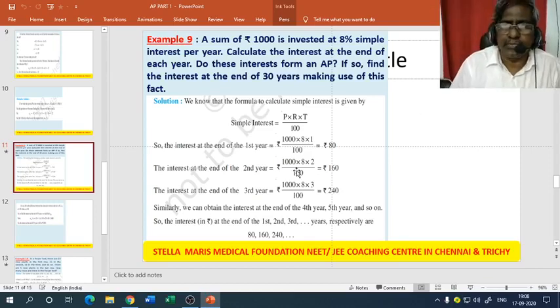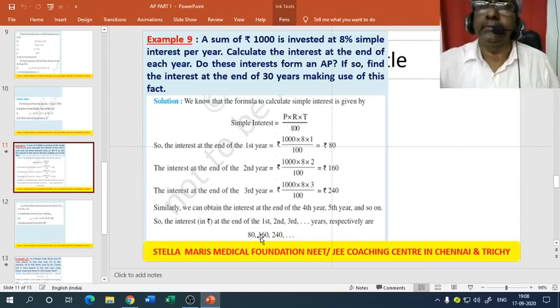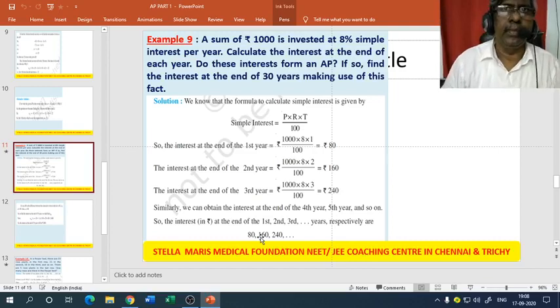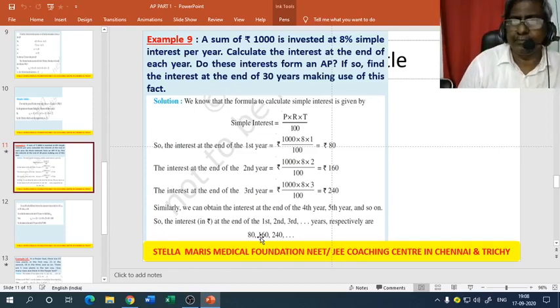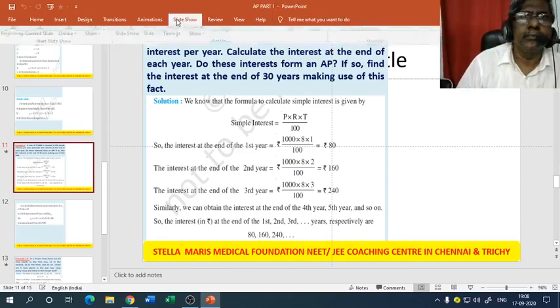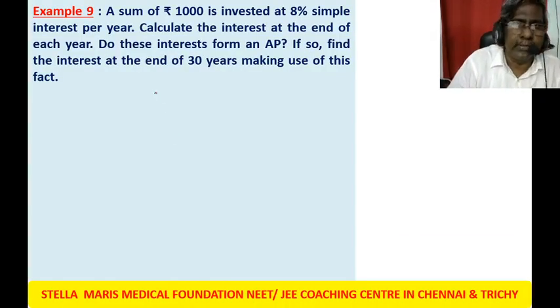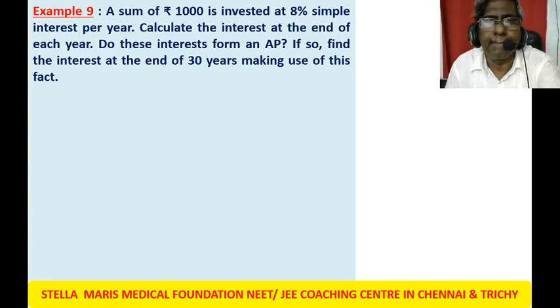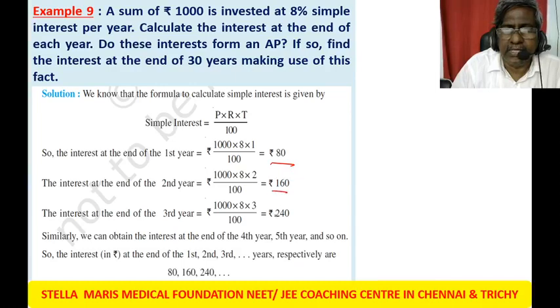So it forms an AP. This will be an AP: 80, 160, 240, likewise it goes on.